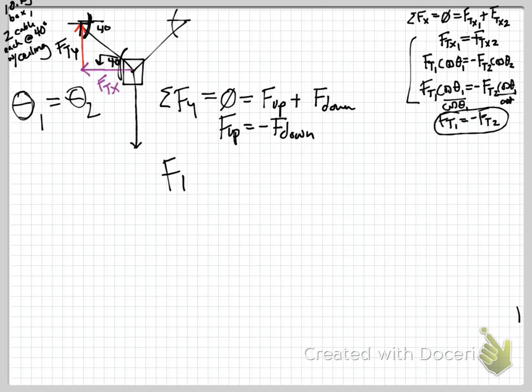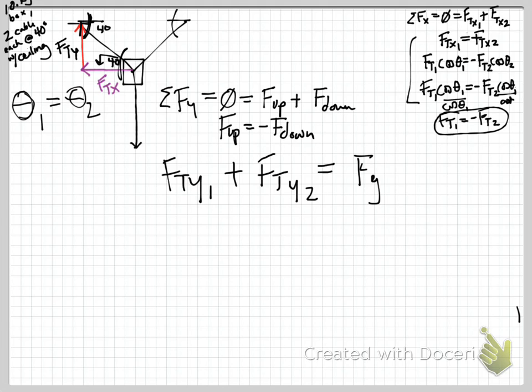So we have force of tension on the y, 1, force of tension on the y for cable 1. What else do we have? Force of tension on the y, 2. F of t, y, 2. Any other forces up? No, we're done with F up. So, what did we say the force down on this was? Force of gravity, F of g. Okay. Are we ready to solve?